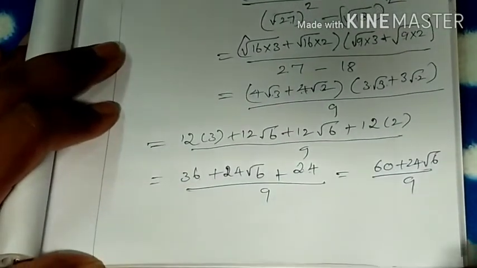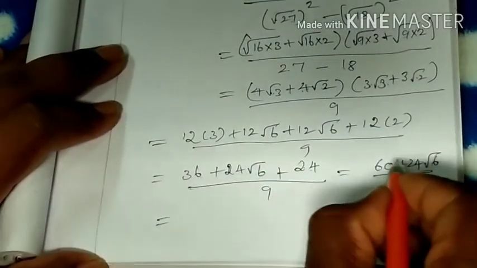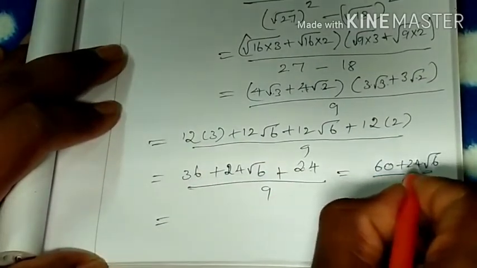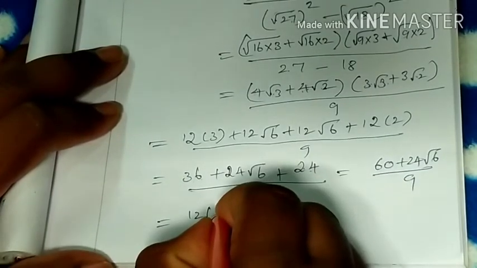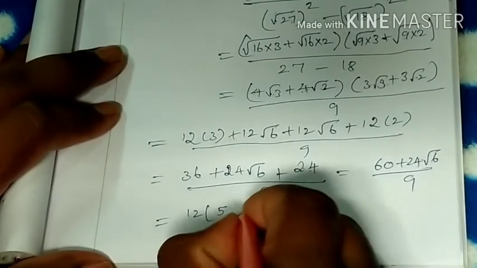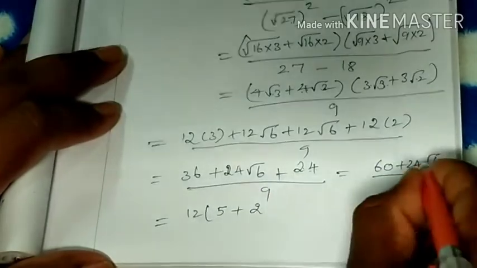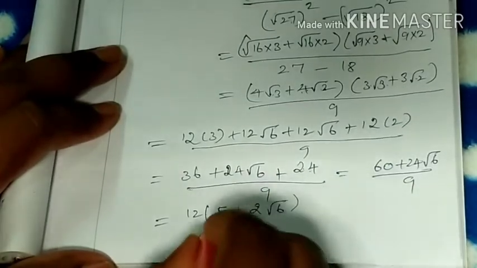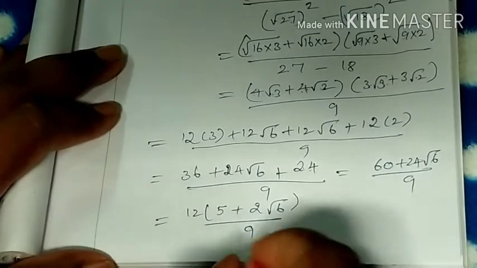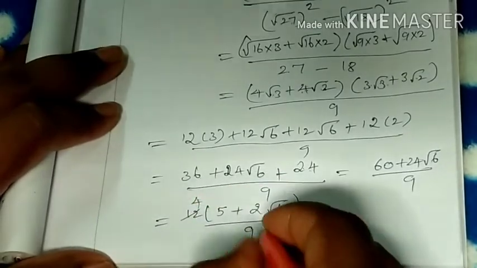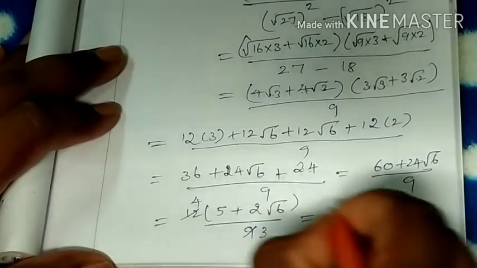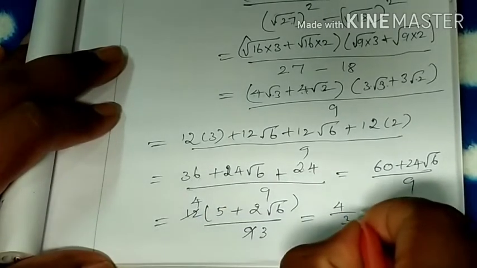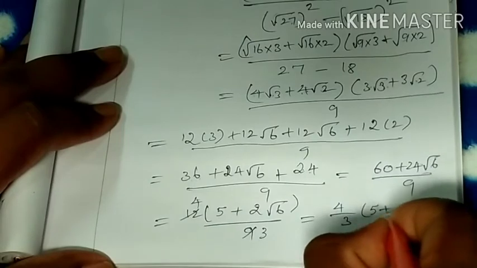Here 12 is common in 24 and 60, taken outside: 5 12s are 60 and 2 12s are 24, into 5 plus 2 root 6, whole divided by 9. Using cancellation, 4 3s are 12 and 3 3s are 9, which is equal to 4 by 3 into 5 plus 2 root 6.